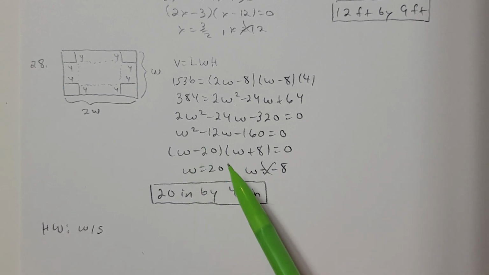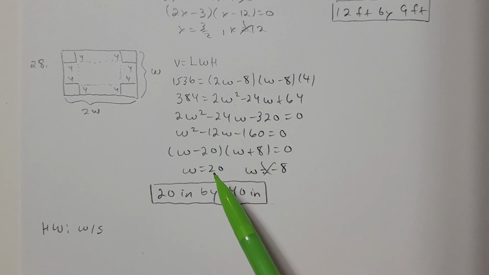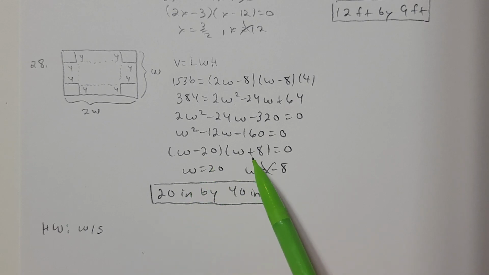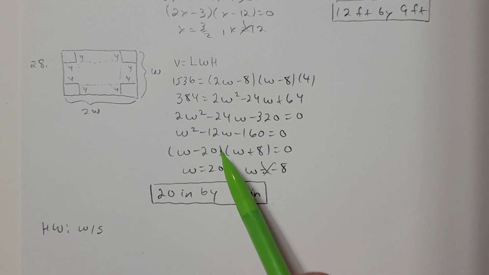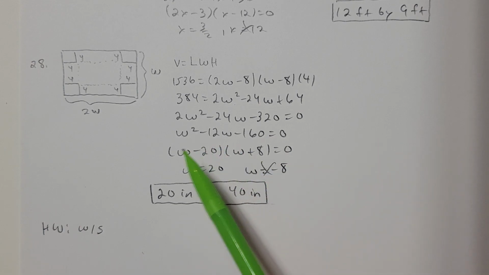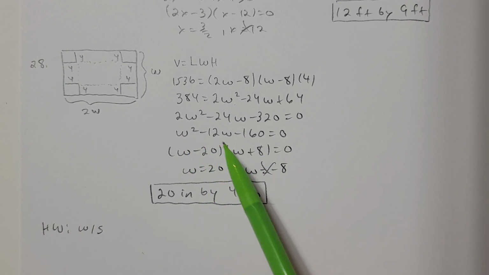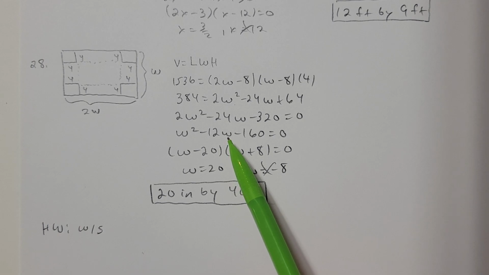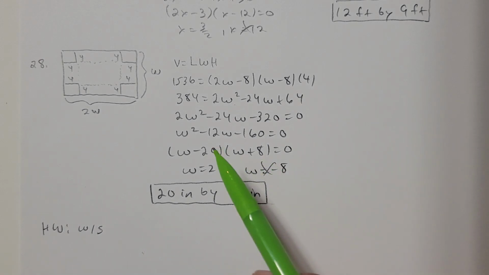I've got W and W. The factors of 160 to give me negative 12 would be negative 20 and 8. 20 times 8 is 160, and negative 20 plus 8 is negative 12. Let me check this here. W times W is W squared. 8W minus 20W is negative 12W in the middle. That looks good. And then negative 20 times 8 is negative 160 at the end. That looks good. So again, if I'm not seeing how this is factoring, use the quadratic formula.